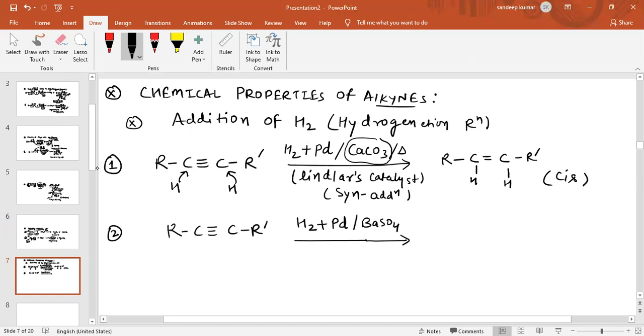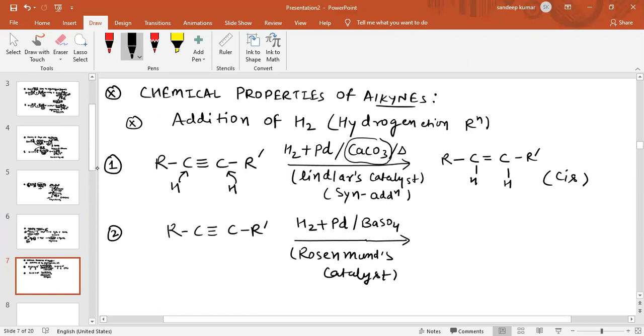Now the poison is barium sulfate. This catalyst we call Rosenmund catalyst. So this is basically the Rosenmund catalyst.